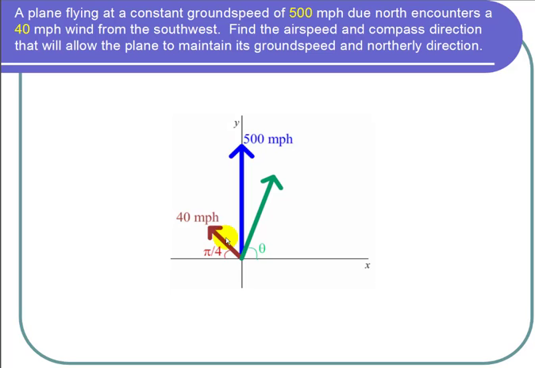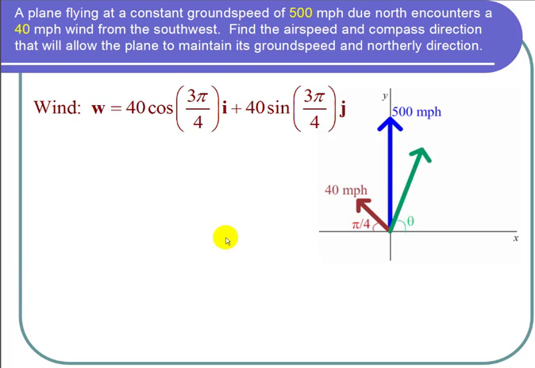So for this wind vector, we can write down its components by saying that the wind, W, is 40, which is its magnitude, times the cosine of the angle, or the cosine of 3 pi over 4, i, plus 40 times the sine of 3 pi over 4, j.